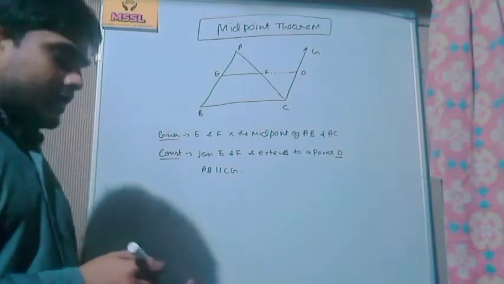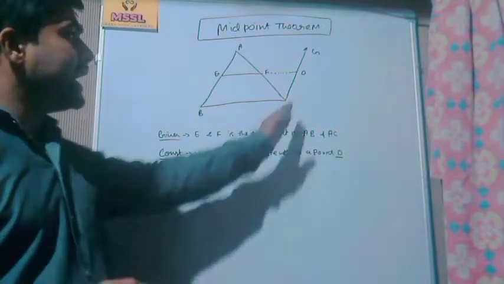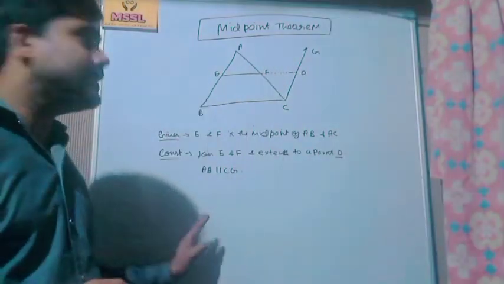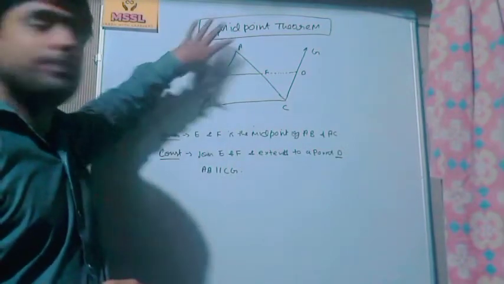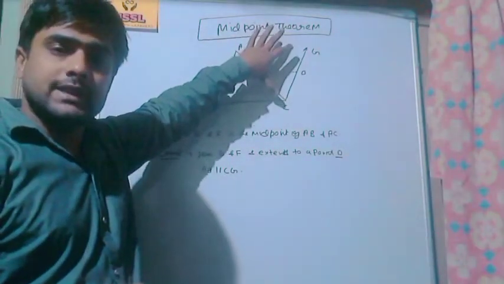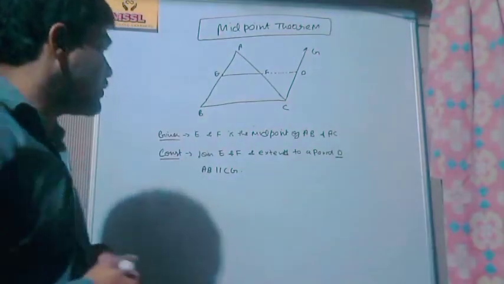We have drawn this line in such a way that AB is parallel to CG.